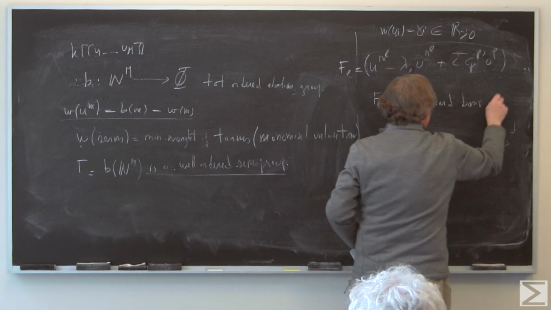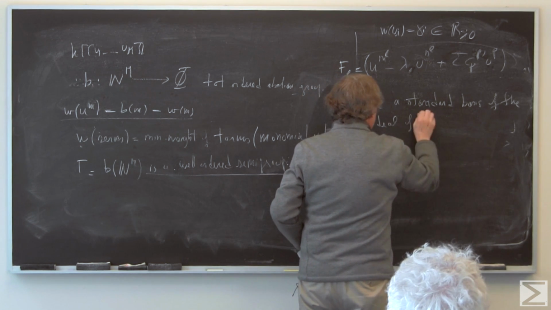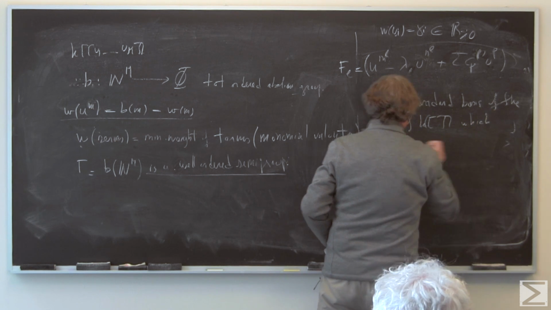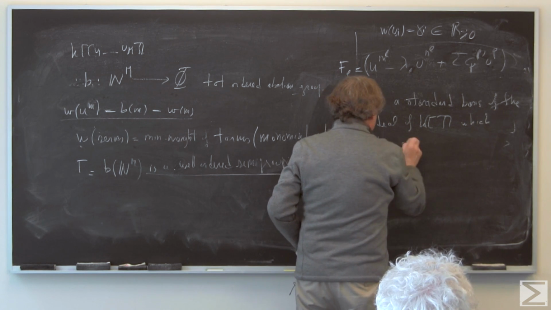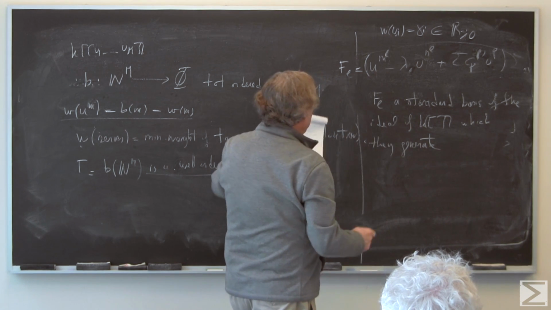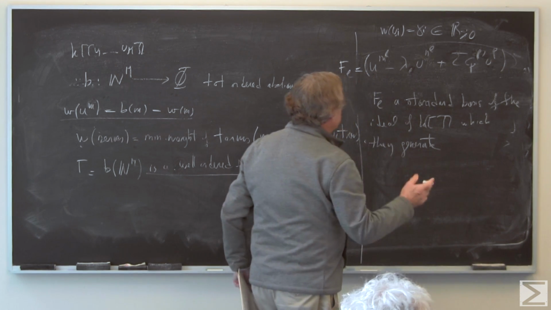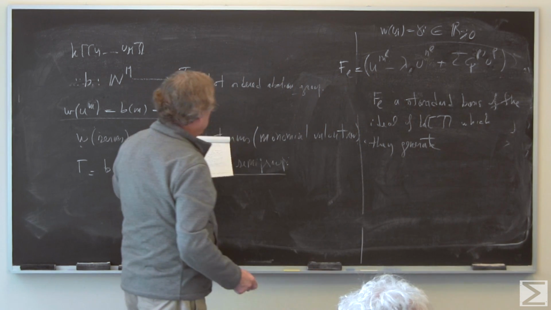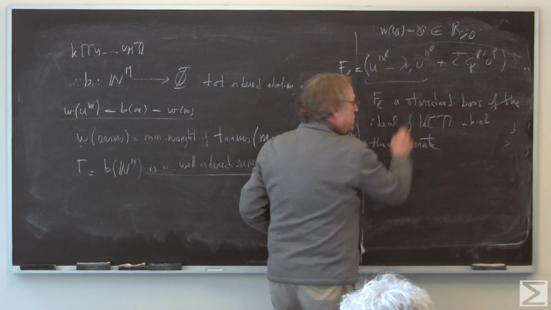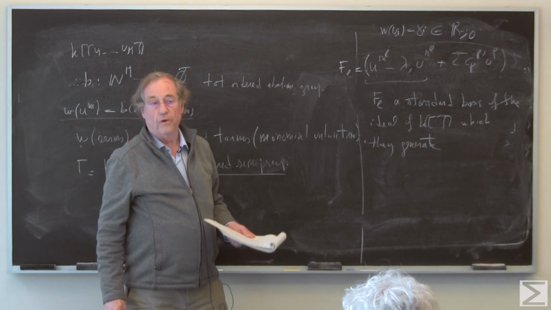Standard basis of the ideal of K[[U]] which they generate. Which means that if I look at any element of this ideal, with respect to the weight, it has an initial part, and that initial part is in the ideal generated by the binomials. This is not automatic at all.